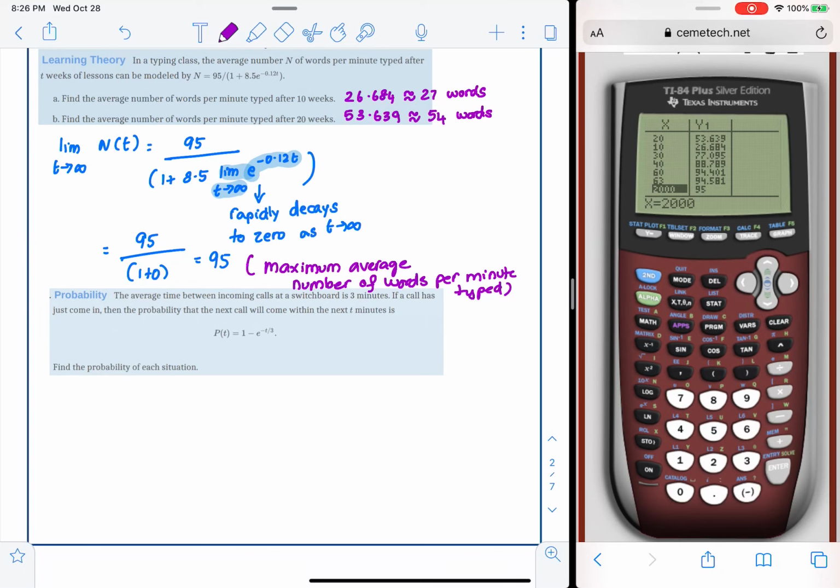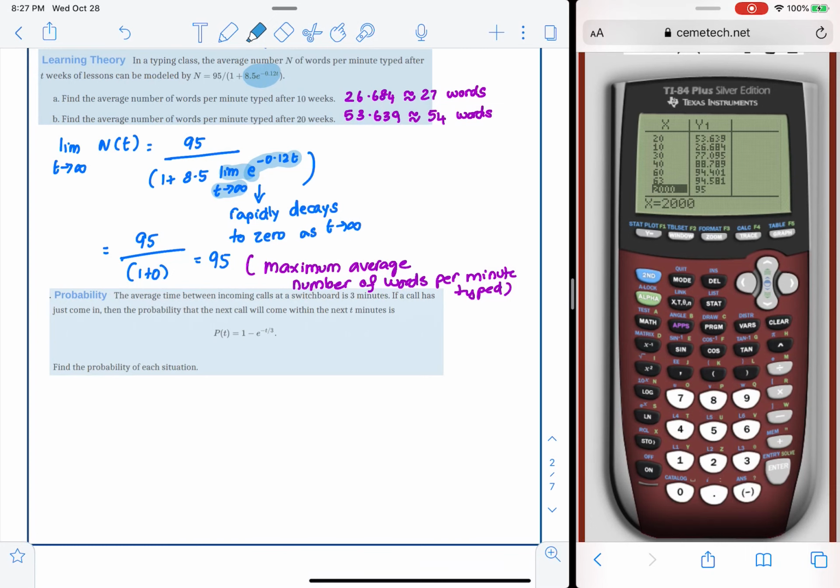So here's another exponential problem. In the previous problem we had e raised to the negative 0.12 times t. Even though we see a negative there, this is not a decay problem, the reason being that the exponential is in the denominator. If we move it to the numerator, the exponent of e would become positive.